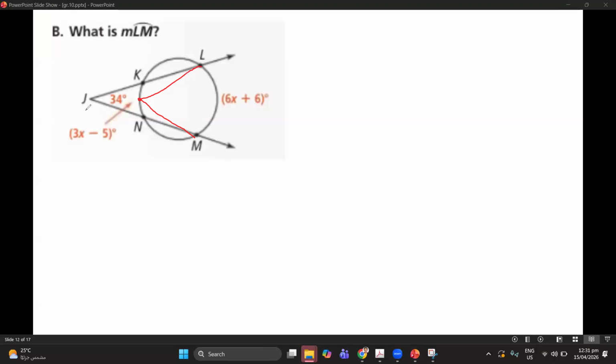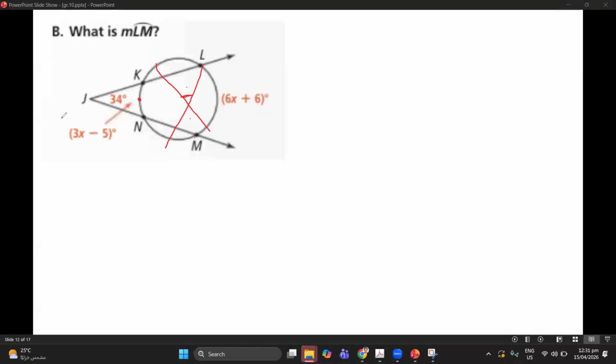The previous case, the one that I explained in the morning, is when I have two secants intersecting inside; the measure of this angle will be half the sum of the two arcs. Okay, thank you. You are welcome.